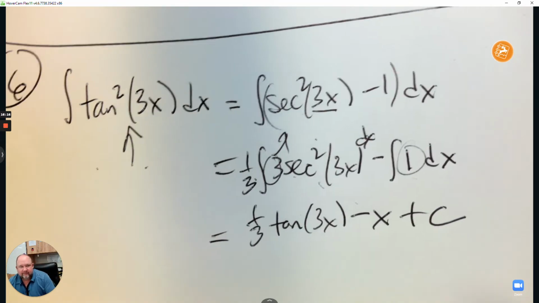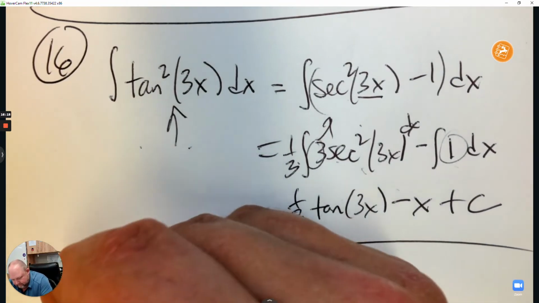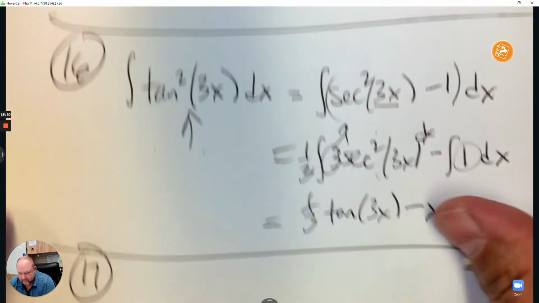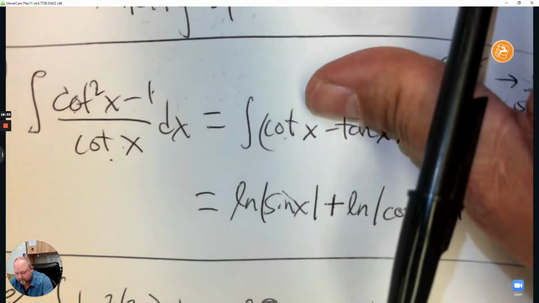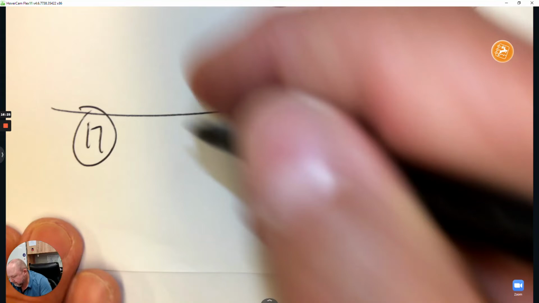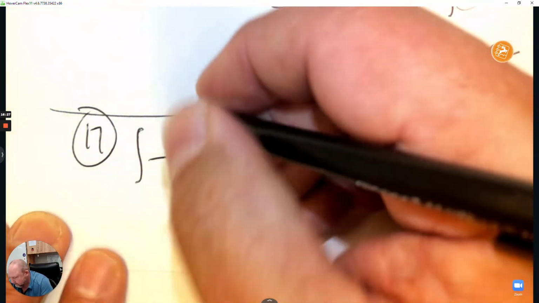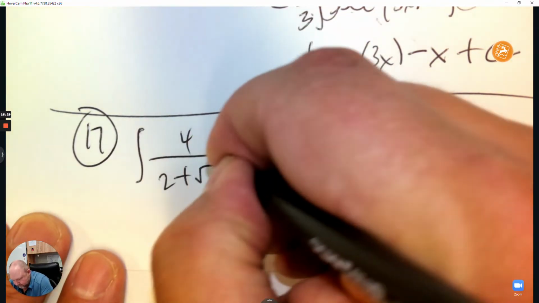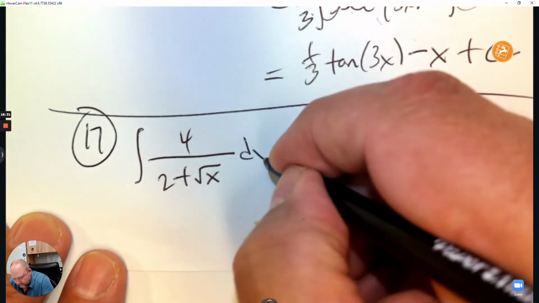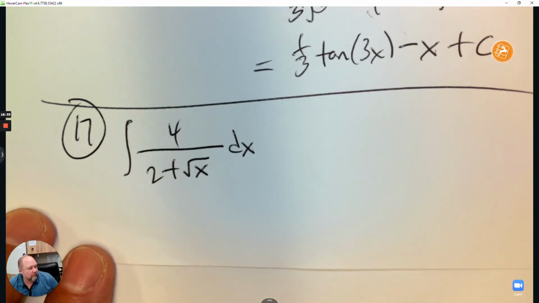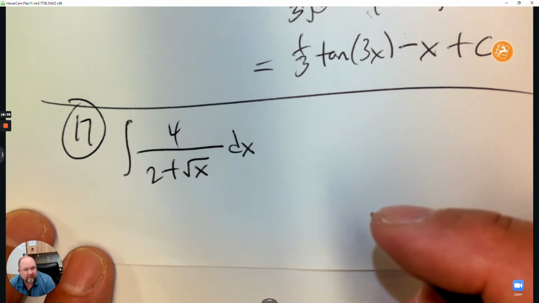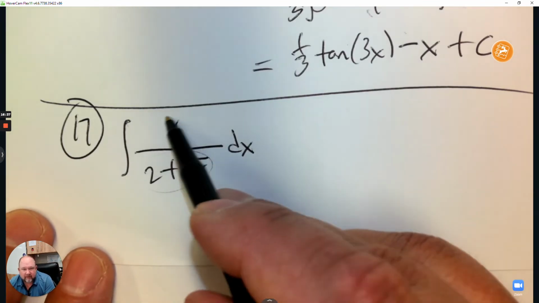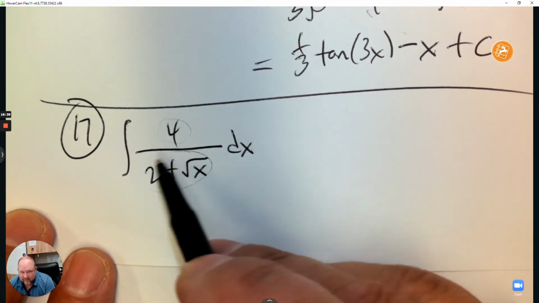Number 17. Yeah, so I thought. The derivative here doesn't match here. Writing it calculus friendly is going to help.